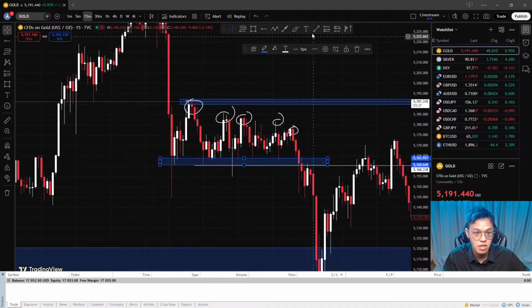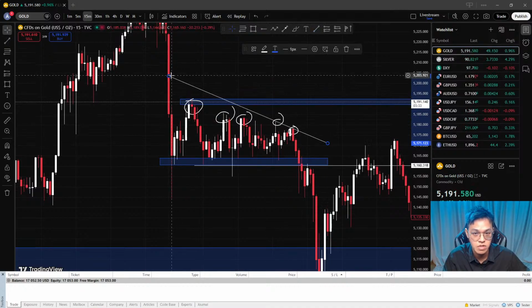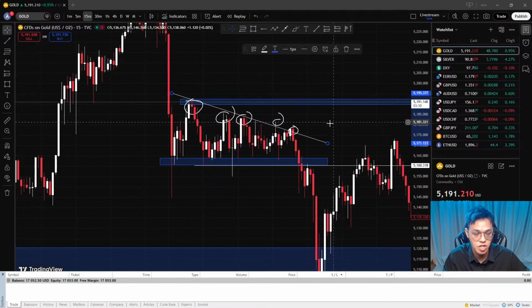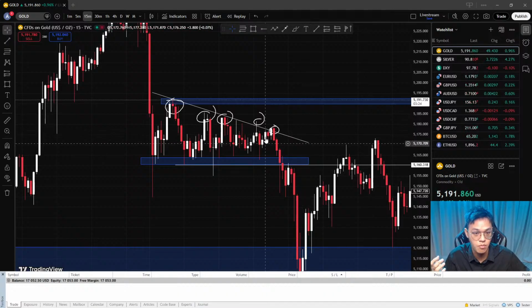If you have learned about chart patterns, here is the descending triangle. What is the meaning of the descending triangle? It means the price has a higher probability to drop.